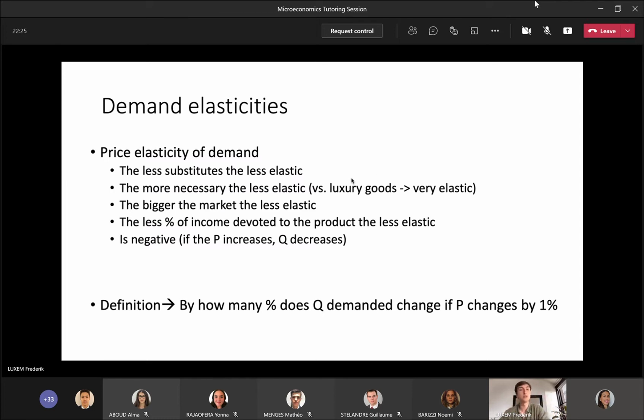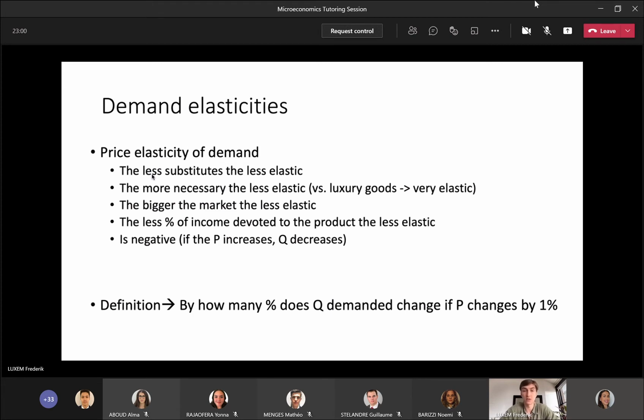some things you need to keep in mind. The fewer substitutes, the less elastic it is. So if I'm producing bread, okay, but there is only one type of bread, then people don't have a choice to buy my bread, okay? So the fewer substitutes, the less elastic.